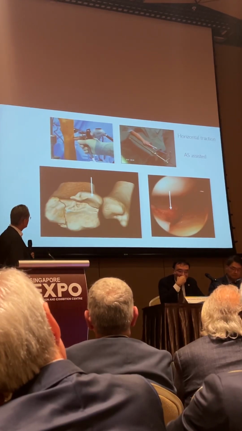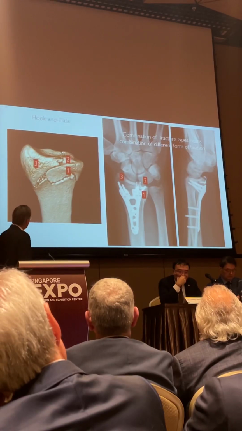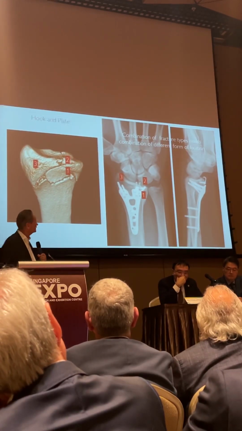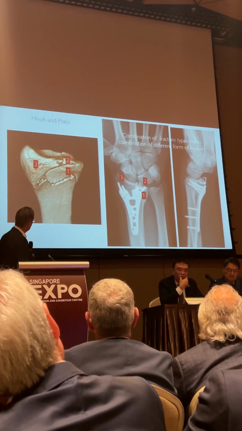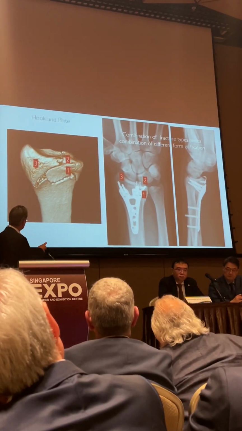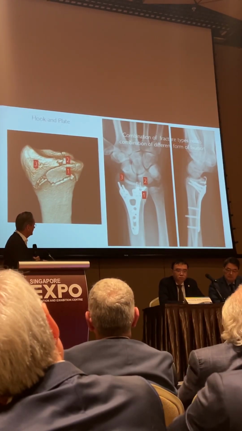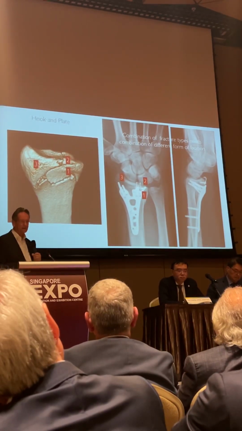You see here the tower of Borelli. If you have a combination of fracture types, like in this type, you have one metaphyseal fragment, 2 a very distal rim fragment, 3 radial styloid, you can combine plates and hooks.